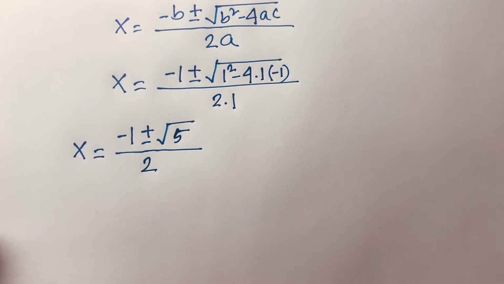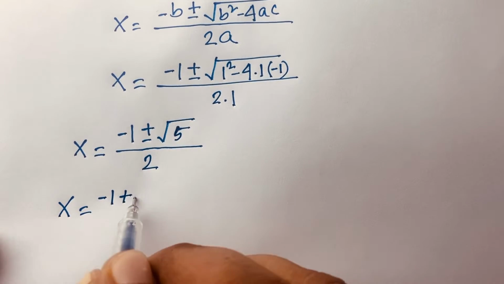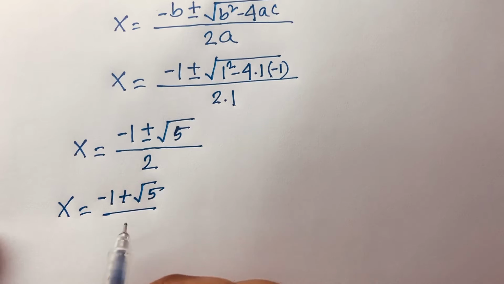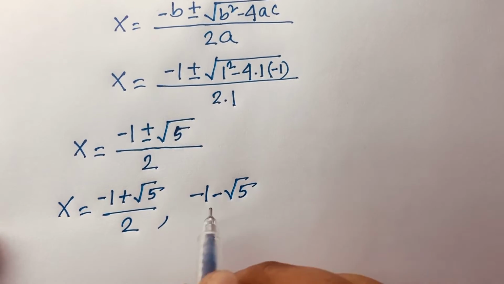So the value of x is minus 1 plus square root 5 over 2, and the other is minus 1 minus square root 5 over 2.